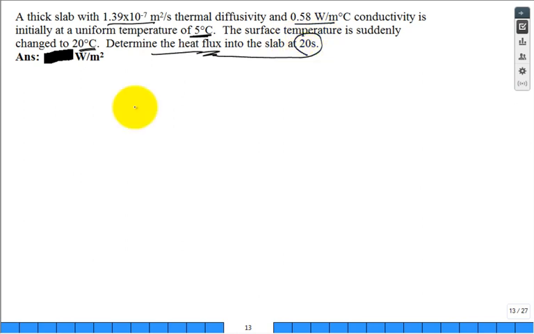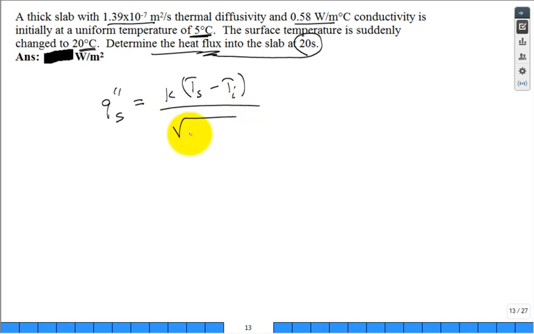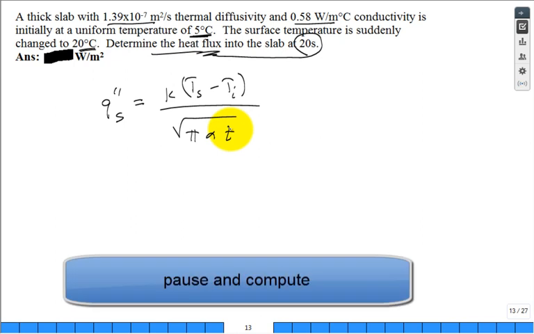I would use that equation, q double prime at the surface is equal to K Ts minus T initial divided by the square root of pi alpha T. Plug and chug at this point.